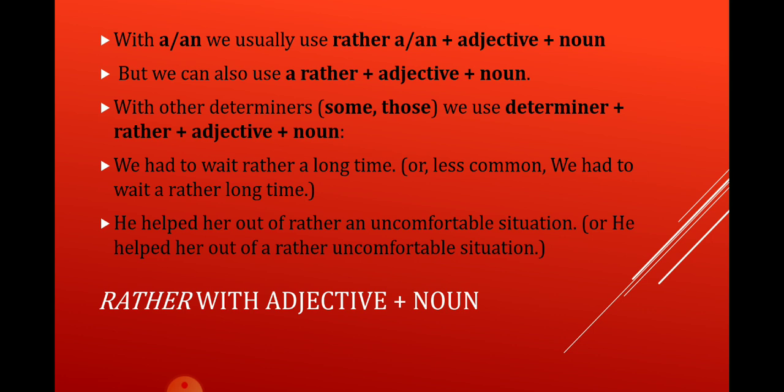So we can say some rather plus an adjective or noun. Let us take some examples. We had to wait rather a long time. So either we can say we had to wait rather a long time, or we had to wait a rather long time. So either use the indefinite article before rather, or use it after it.